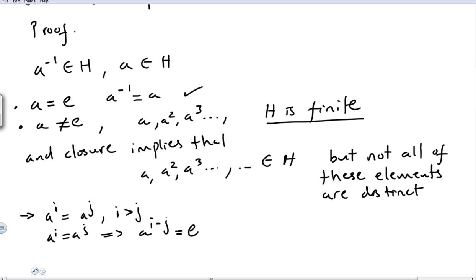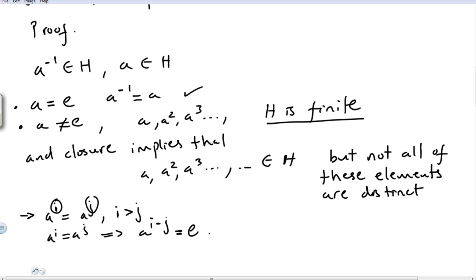Yes, because a to the power of i equals a to the power of j. Okay, so a to the power of i minus j equals the identity.